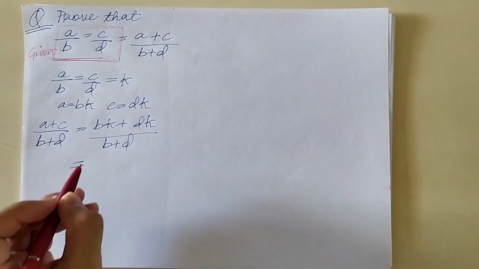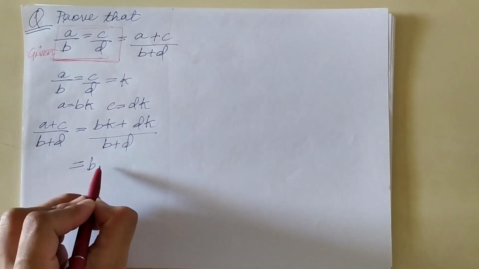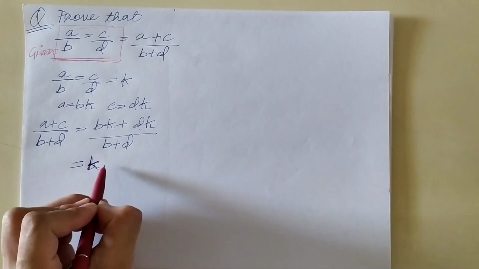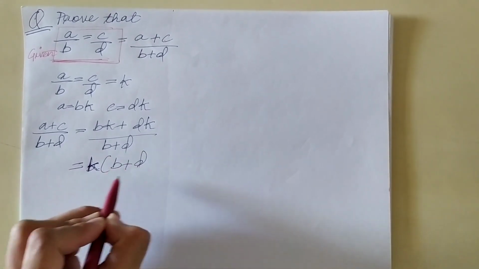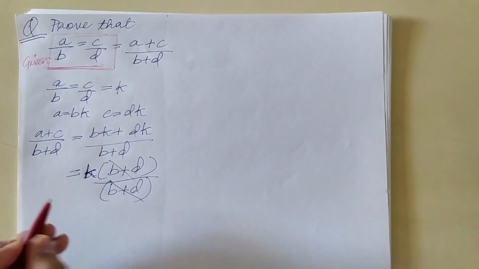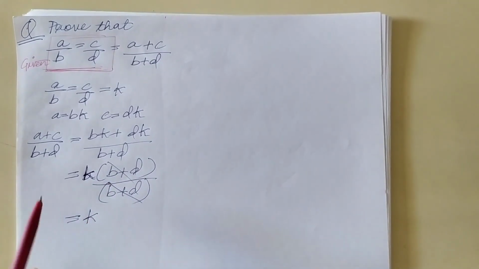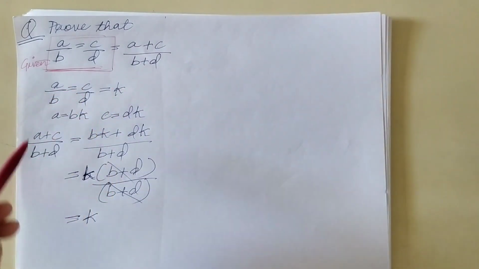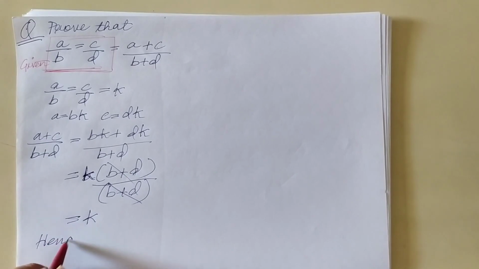Now taking K common in the numerator, we get K into B plus D upon B plus D. So it comes out to be K. Hence we have proved A by B is equal to C by D is equal to K, which is also equal to A plus C upon B plus D. So hence proved.